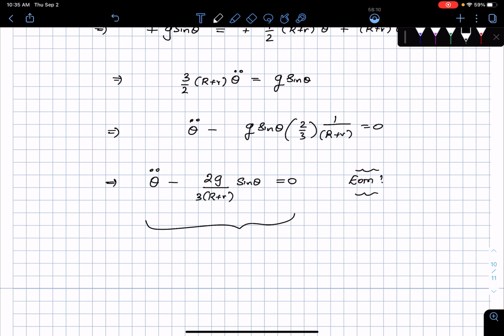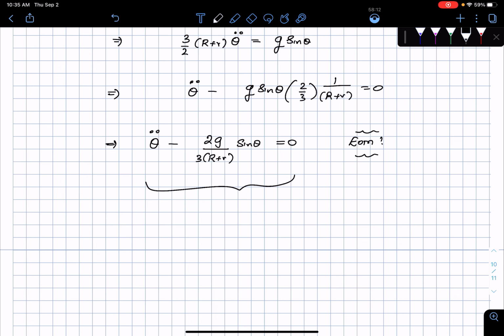Typically, this equation of motion will reduce to that of a simple pendulum, an inverted simple pendulum.